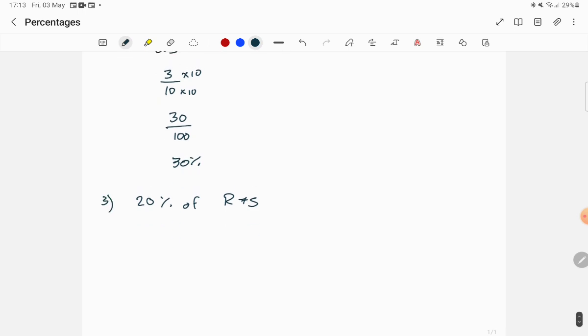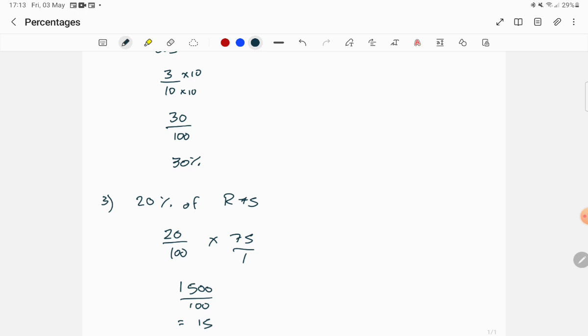This would essentially be times, because of the word "of", so it would be 20 over 100, times 75. This is the multiplication of your fractions, so top times top, bottom times bottom. So 20 times 75, that would be 75 times 2, which is 150, so 1500 divided by 100, which gives you 15.